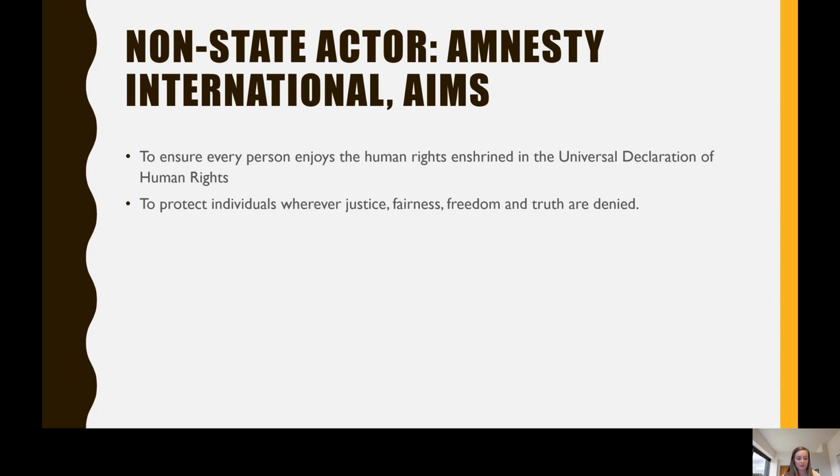So in 1951, the United Nations, when they established an international forum, came up with basic human rights that people should have, and Amnesty International tries to champion these rights. They also aim to protect individuals where justice, fairness, freedom and truth are denied. So essentially, their main purpose is to protect human rights around the world.